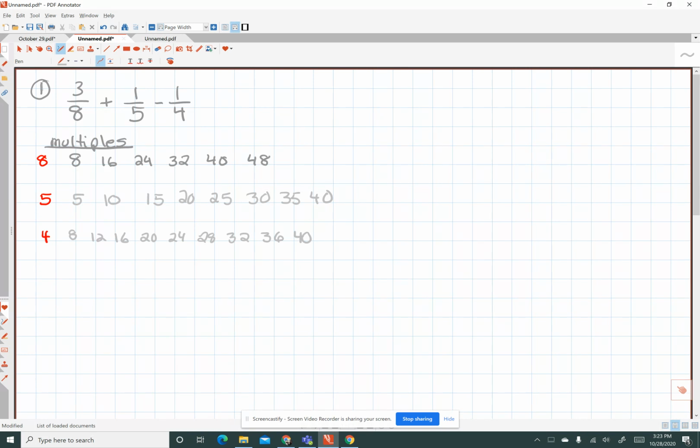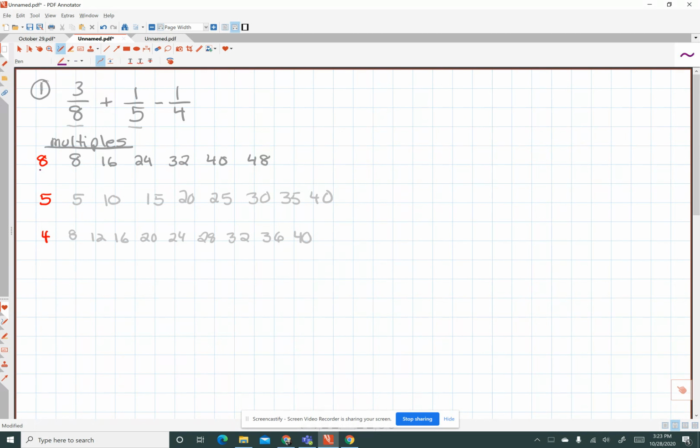So one thing you could do is you could do the 3/8 plus 1/5 and get that answer, and then you could subtract 1/4 and get a final answer. That's one way you could handle this problem. But another thing to remember is that you must always have, no matter what you do, a common denominator. So that's something we have to stay with, is the common denominator.